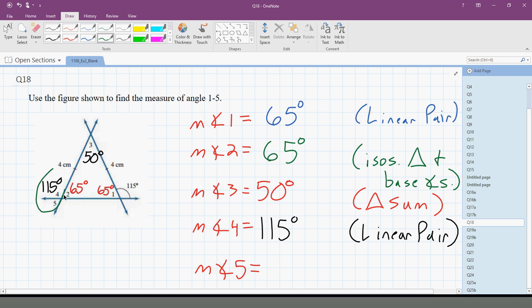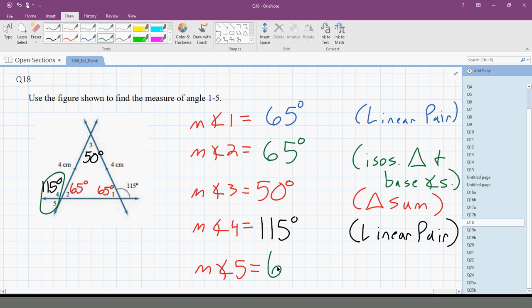What are these two? So we're going to add up 115 plus 4 and then... No, not plus 4. 115 is angle 4. Oh, I get what you're saying. Yeah. Not that guy. Here, let me erase that real quick. What are these two angles? Linear pair. They're a linear pair. So we're going to take 180 minus what? And what do you get?